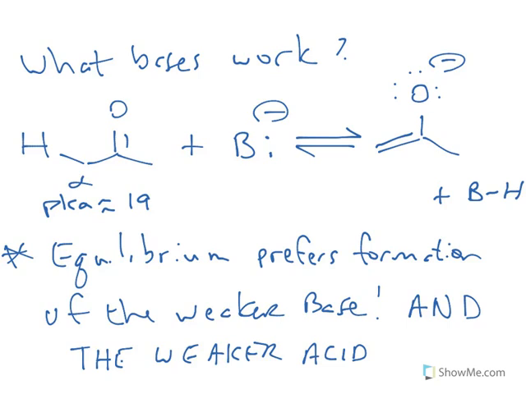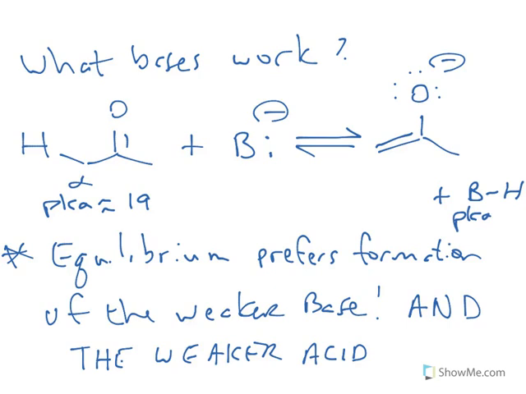If a base is very strong, it's going to want to grab that proton and move. So when you're at a weak acid or a weak base, you've gotten to a chill spot. So in order for this to work effectively, what should our pKa value of BH be?